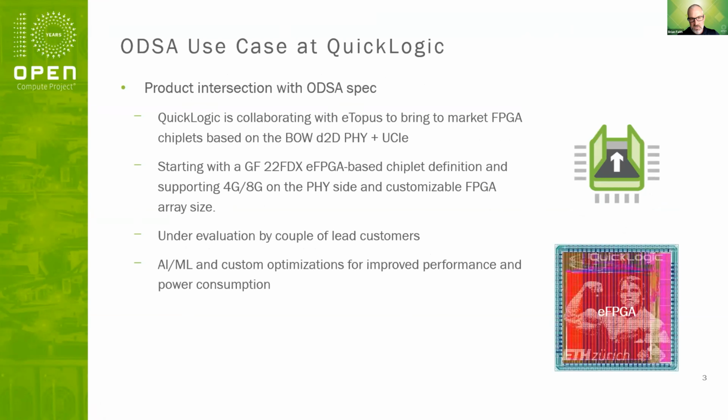So what is the use case for this at QuickLogic? You can zoom out and say, what's the use case for programmable logic in general in these types of systems? Generally, we think about the core and the uncore. The core in these systems is going to be the heavy duty processing. If you think about AI machine learning use cases, there's a lot of research showing that these algorithms are changing faster than silicon can be delivered to the market.